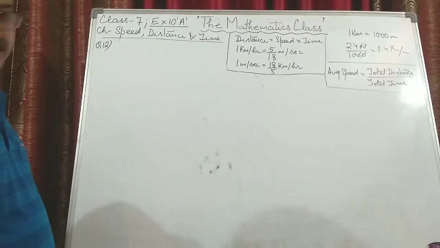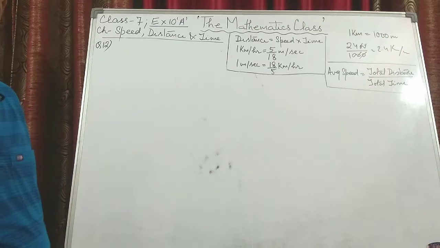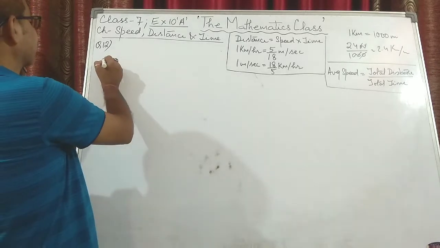The next question we have taken is question number 12. They say a car started from town P and traveled towards town Q at 70 km per hour.